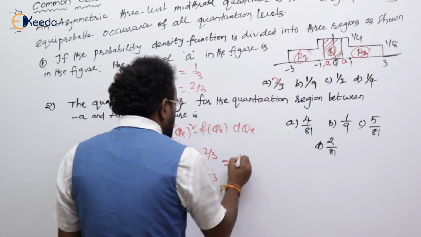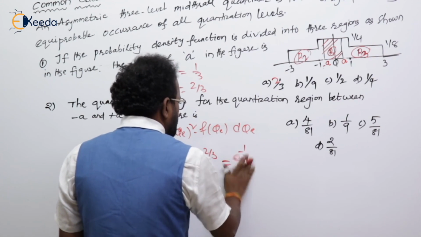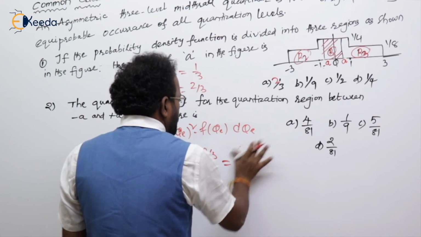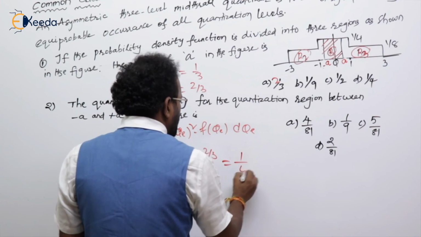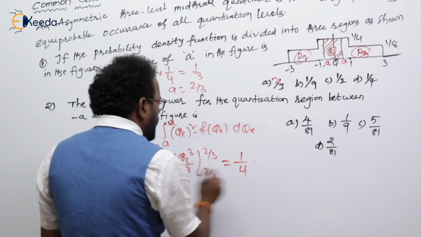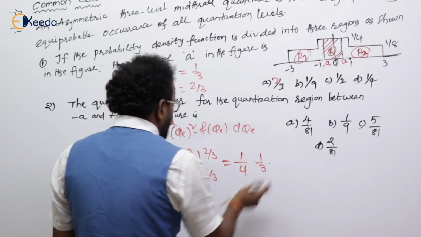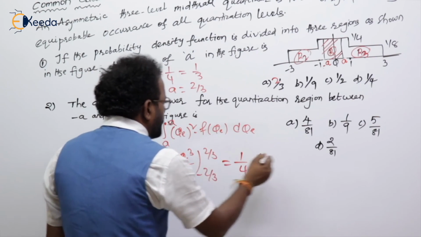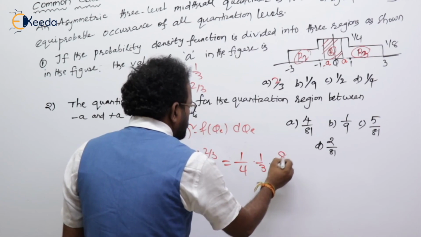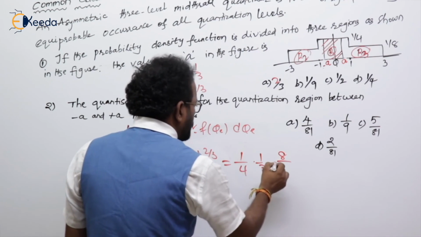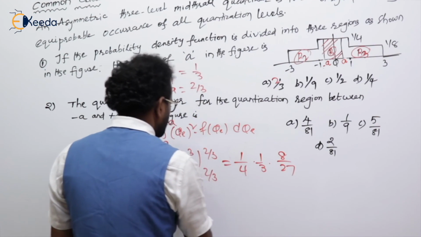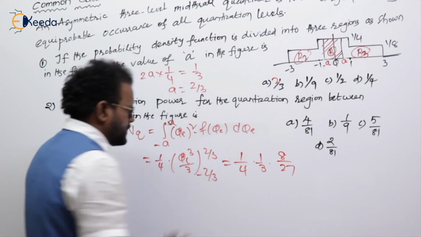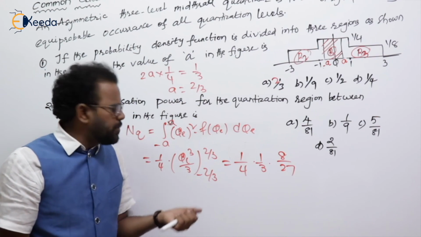1 by 4 is a constant outside, and 1 by 3 is there outside. 2 cube is 8, 3 cube is 27. Minus of minus, because why am I saying minus of minus?